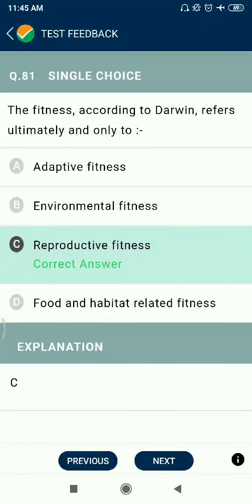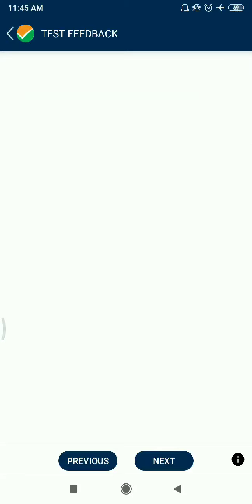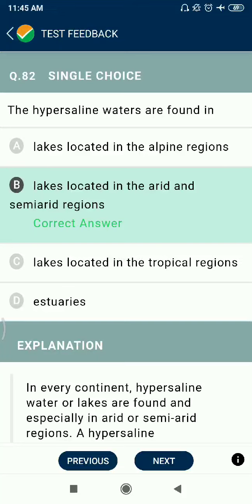Fitness according to Darwin refers ultimately and only to reproductive fitness. Question number 82. The hypersaline waters are found in lakes located in the arid and semi-arid regions.